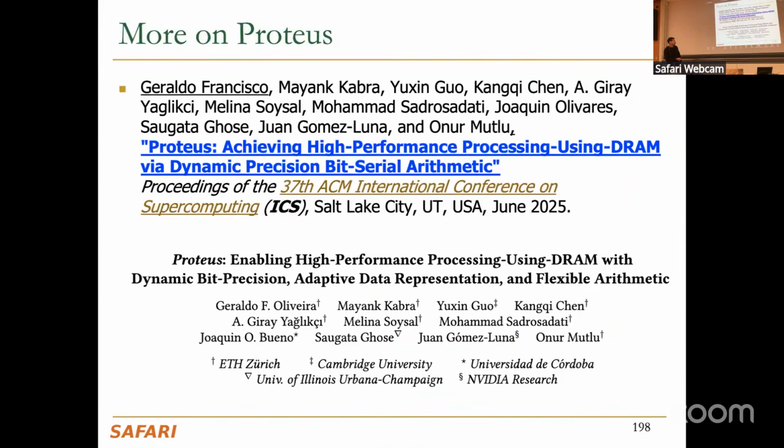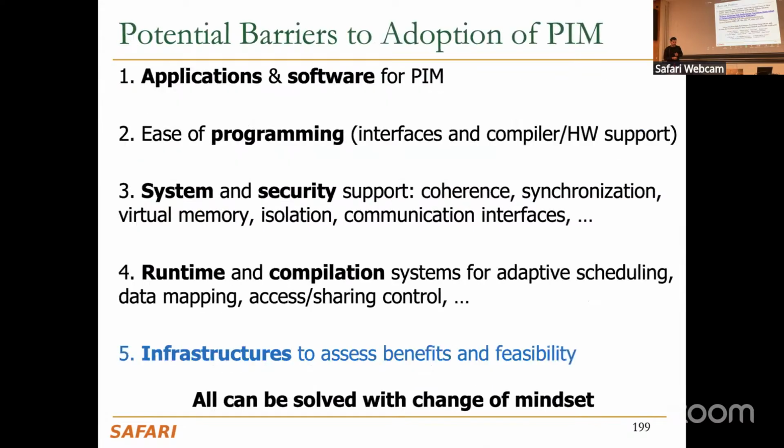And this is how you can basically leverage the properties of your data to accelerate computation of those in-DRAM systems using some runtime frameworks. So is there any question about Proteus?